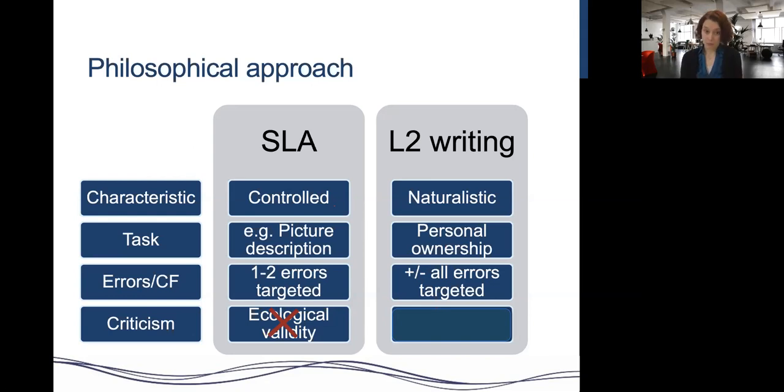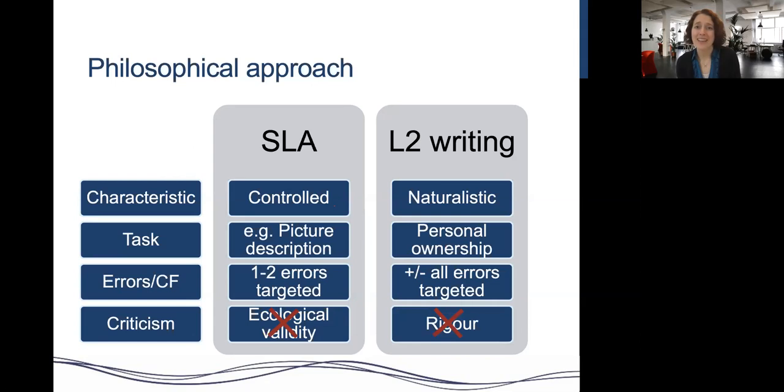For example, and we can look at the task that I was talking about just before, we don't normally ask our learners to create uniform pieces of work for us. We don't normally spend extended periods of time focusing just on one or two types of errors. So that's one criticism for SLA, in that it doesn't really resemble the classroom situation.